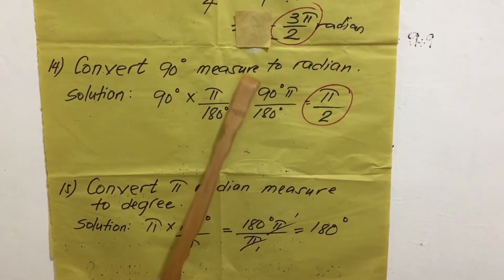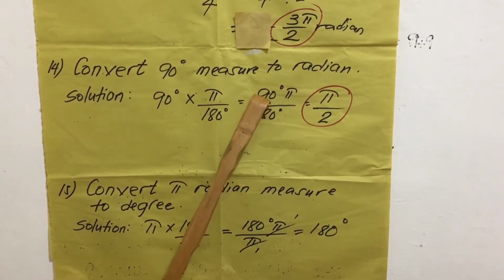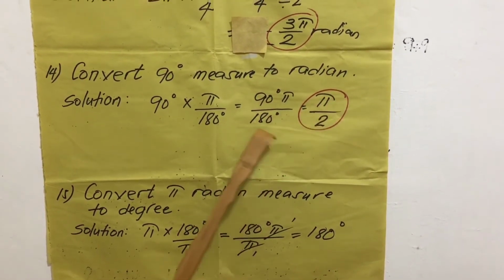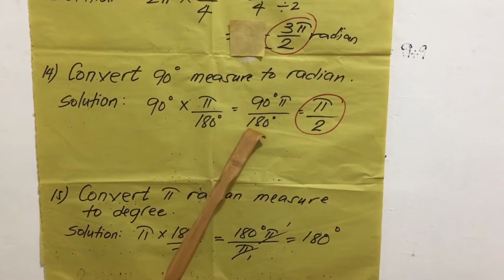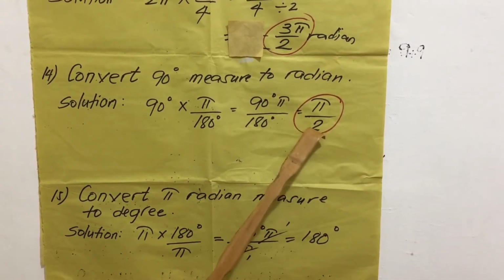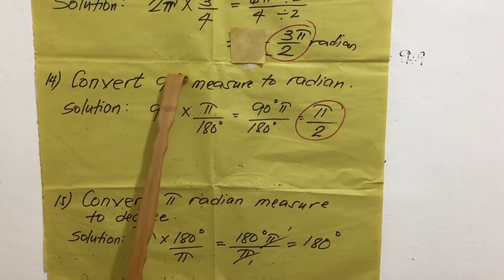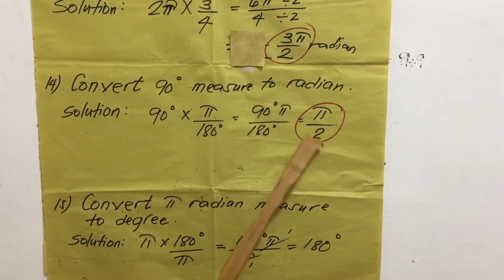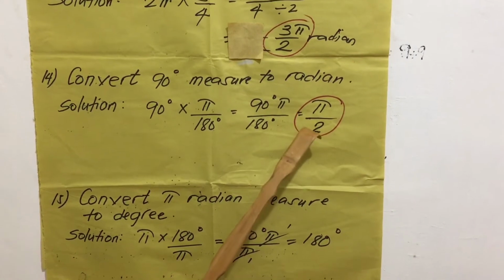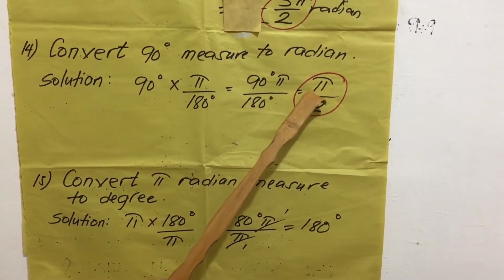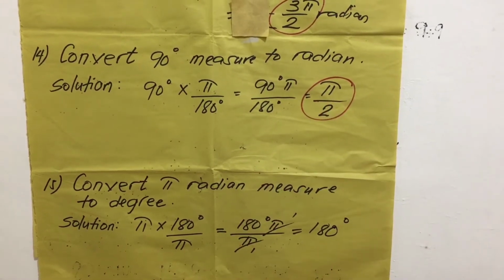And we're going to simplify: 90 divided by 90 equals 1, times pi equals pi. 180 divided by 90 equals 2. That's why our answer is pi over 2 to convert the 90 degrees measure to radians. So remember, radian is the unit measure for pi, and this pi is a Greek letter.